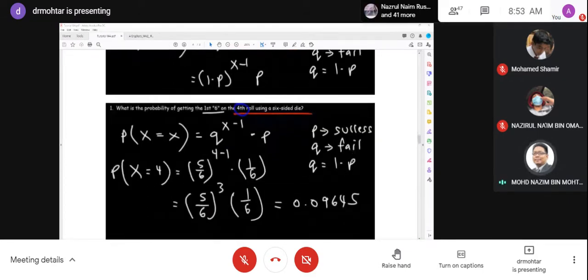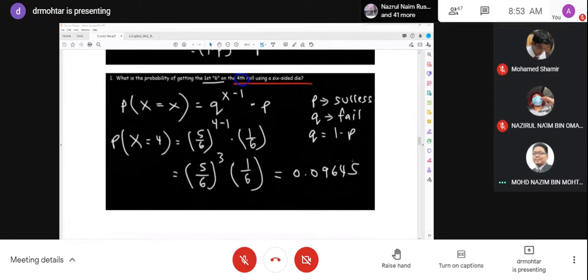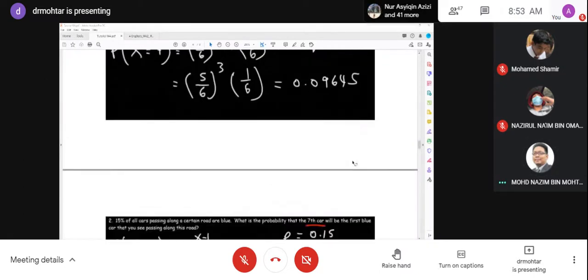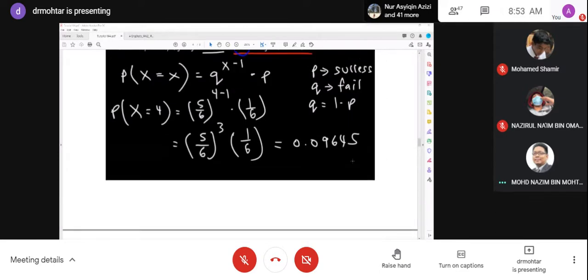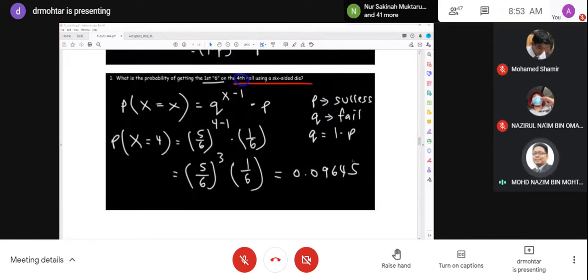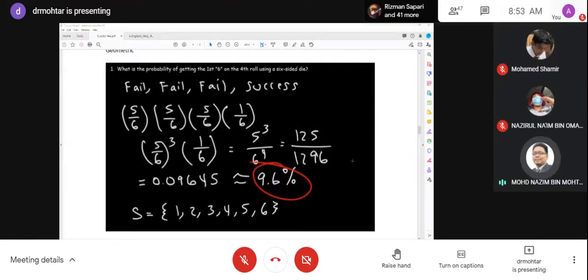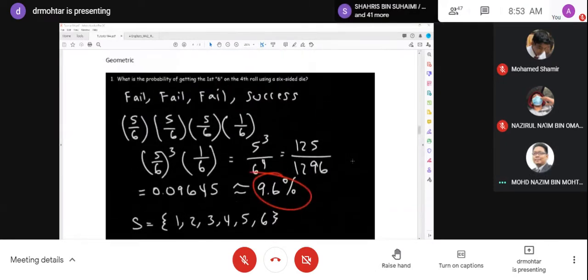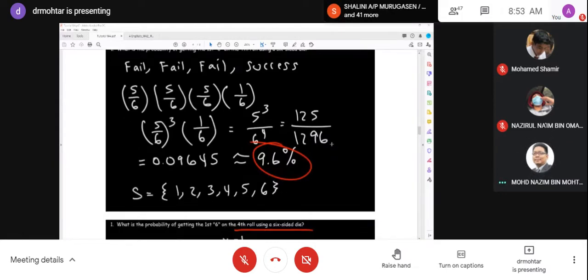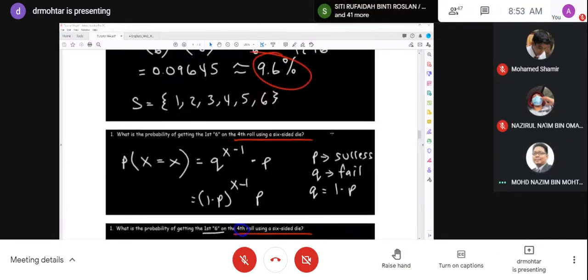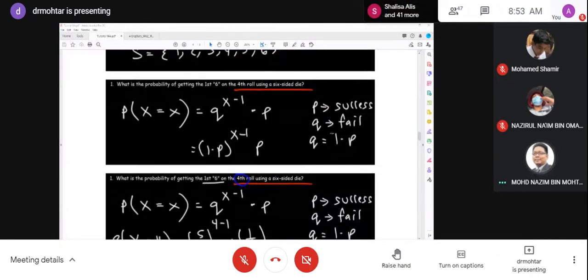So you get the same answer, right? All right, so in the test, you need to understand both the easy way and the difficult way of getting the answer. This is for you to make sure that you understand the concepts, and also by using the formula, right?